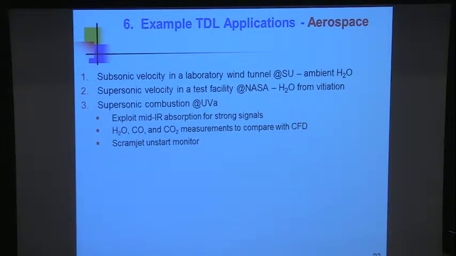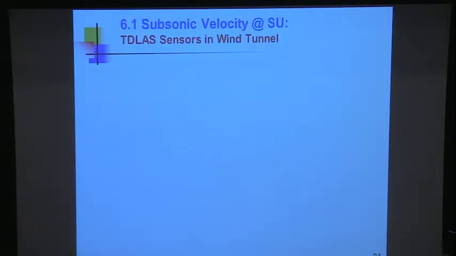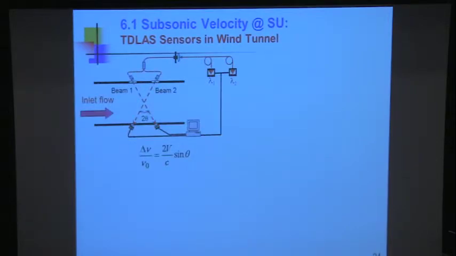The first case here, we were measuring velocity. We did this with oxygen and we did it with water. The geometry is the same. So basically you take the lasers, and we would take two typically, and we would then put them through the flow at two angles.